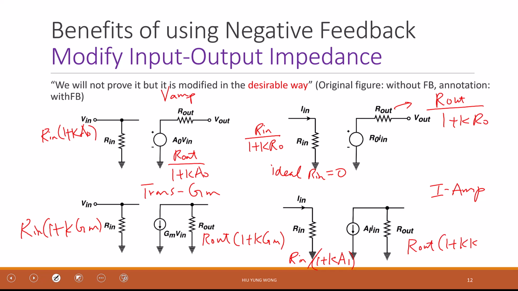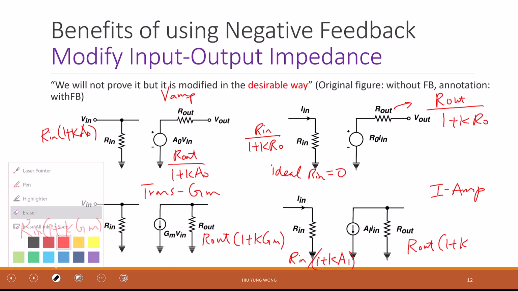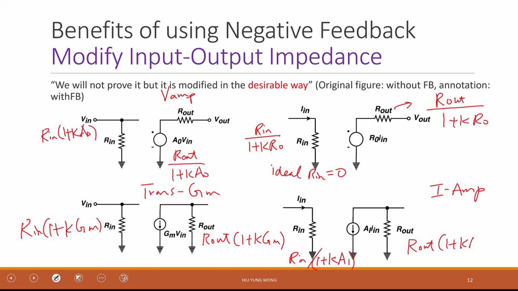Why should it be bigger for the ideal case? Its output is current, but is it a source or a sensor? You output something, so it's a current source. That's why you want to have a larger output impedance. Okay. Great. This is just to help you memorize.